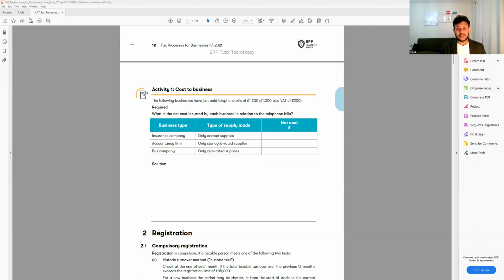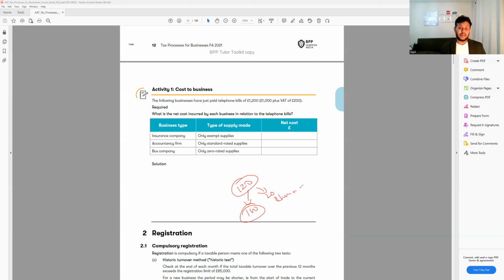So I charge 20% to all my customers. And obviously, what I paid to my supplier, the VAT, is not a cost for me. So whatever VAT I pay to my supplier, I'm going to claim back from HMRC. So for example, if I buy something, I'm a standard rated supplier, I paid 120. So out of 120, for example, 100 is the net and 20 is for the VAT. Even though I paid 120, for me, the cost is 100 because the 20 I'm going to claim back.